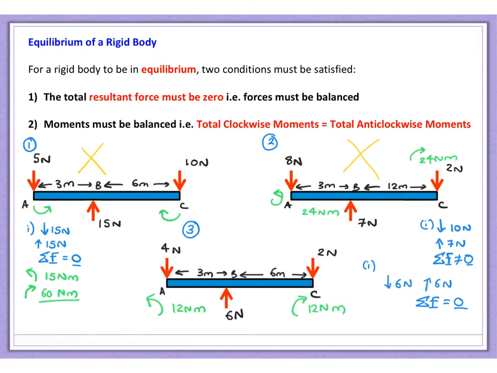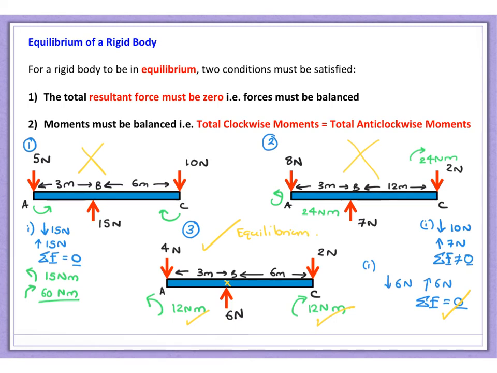So we now satisfy both conditions. We can see that the total resultant force is 0, so the forces are balanced, and the total anti-clockwise moments equal the total clockwise moments when moments are taken about a particular pivot point, which means that we have in situation 3 a system that is in equilibrium.